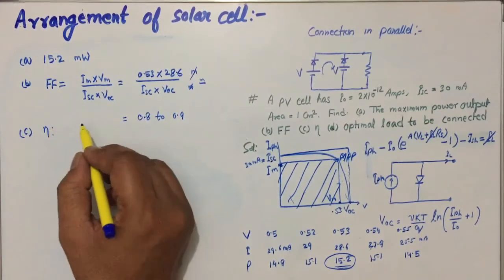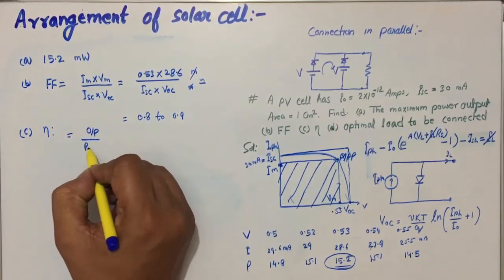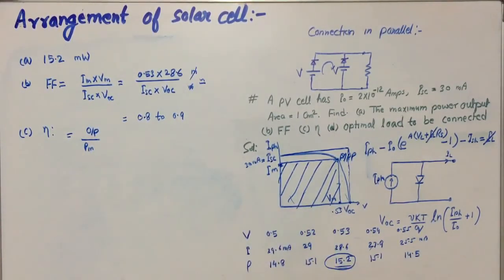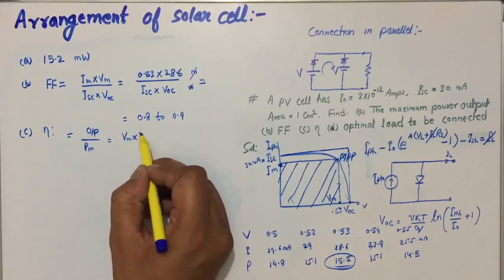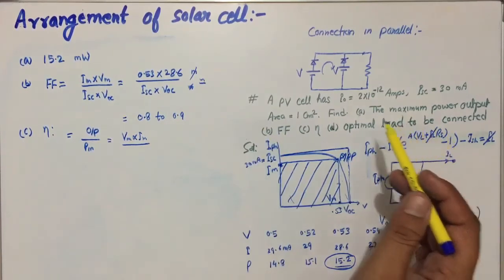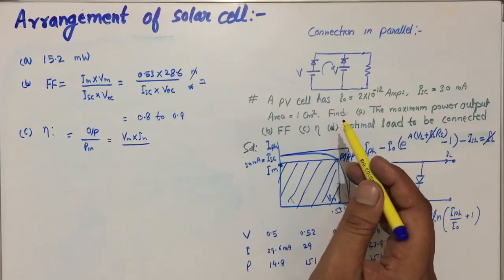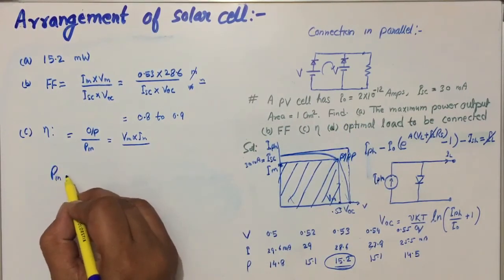Now the third is efficiency, that we can have as output power divided by P in. So the output power, if we are operating at the maximum power point, will be just IM and VM multiplied. The input power will be the power for that area of insolation.